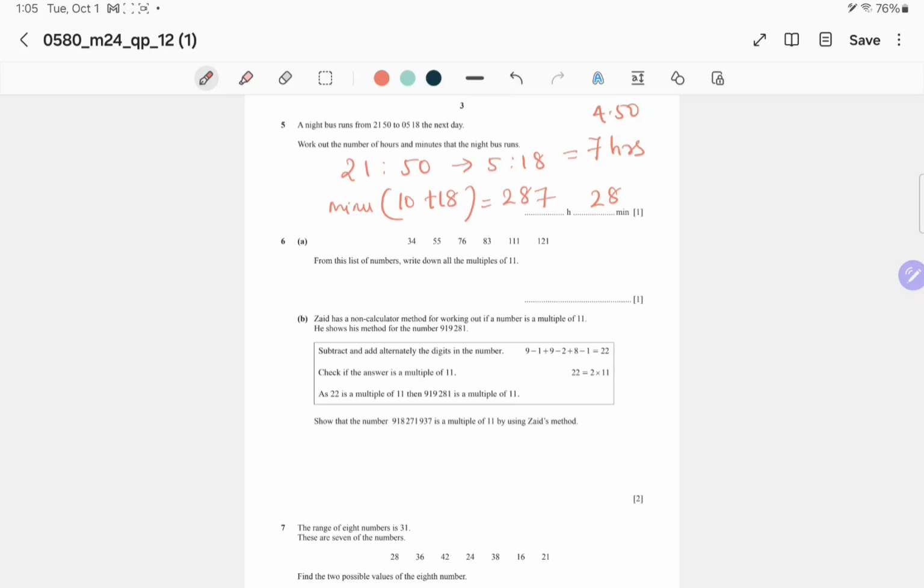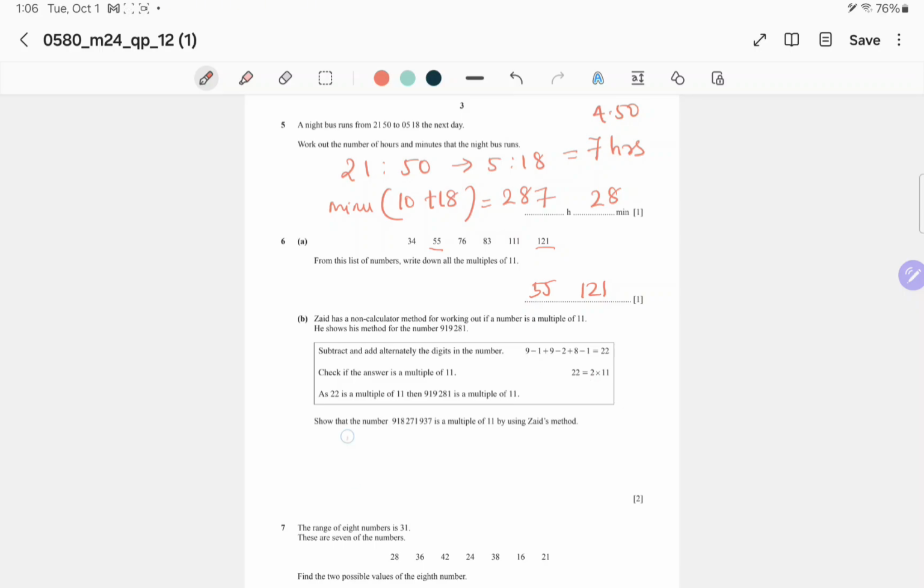of numbers being given. So we have to find out the multiples of 11. So 11 multiples are 11 and the last number should be, here it is 55 and 121. Okay, so Zayed used a method to calculate the multiples of 11. He shows this number, how the calculation is made, and he finally calculated.